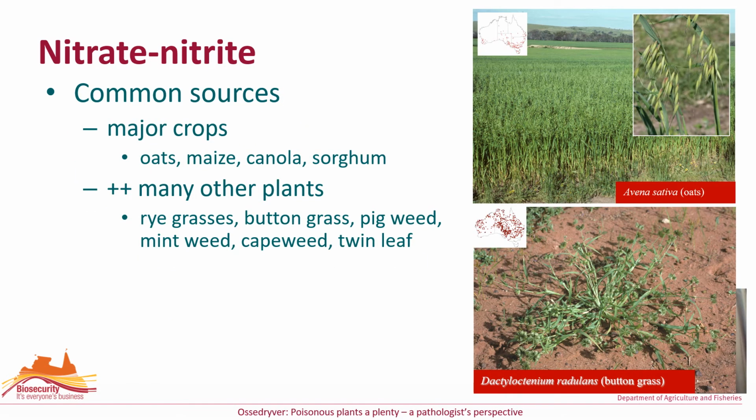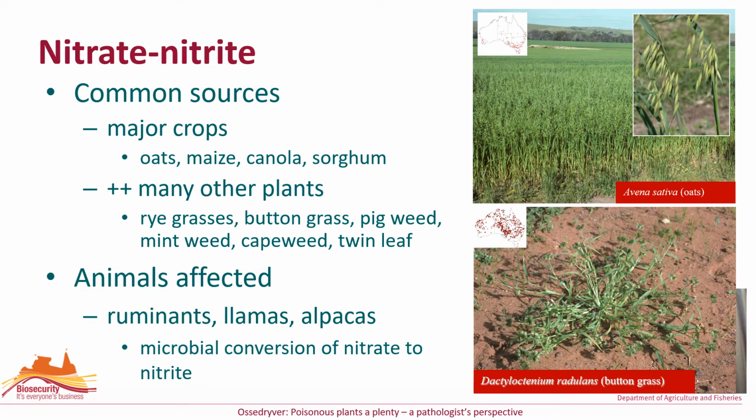Moving on to nitrate-nitrite poisoning as another common cause of sudden death. This poisoning usually occurs when stock consume crops, pasture plants or weeds that have accumulated hazardous amounts of nitrate, with numerous plant species known to contain significant nitrate concentrations, including some of our major crop species, like oats.